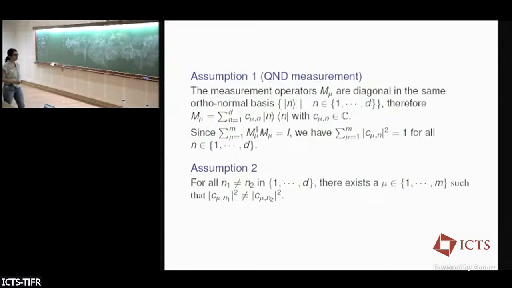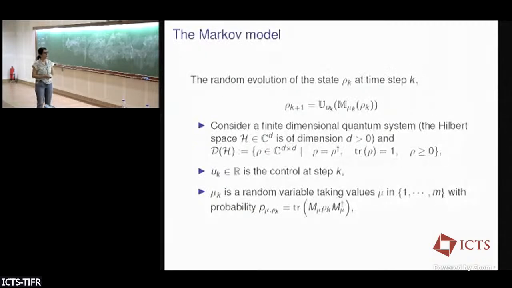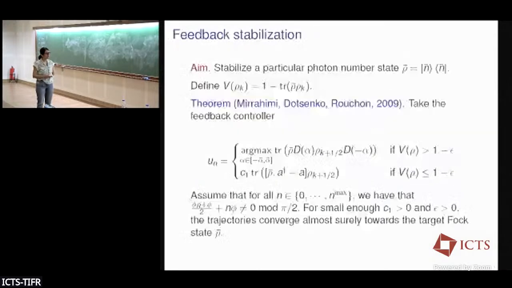And you need also this thing. In fact, if I go back to this control, they also suppose this second assumption here, that this is nonzero. What is the meaning?